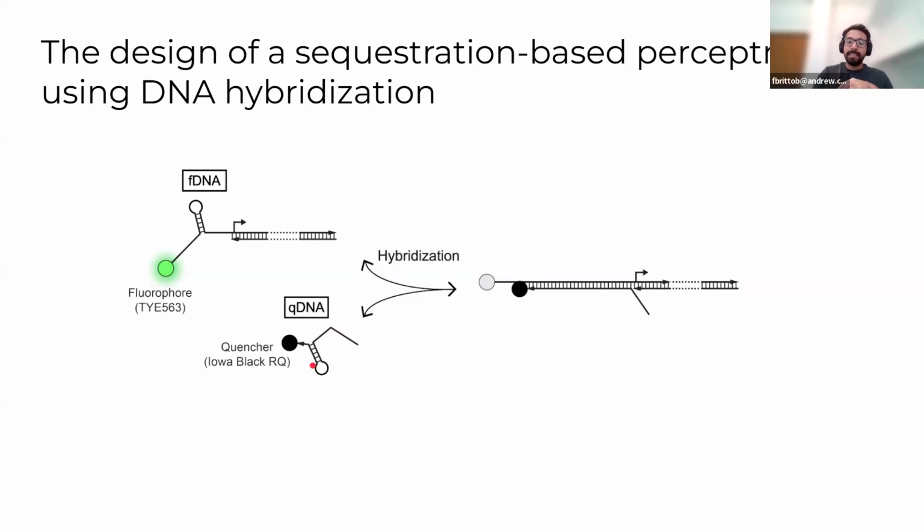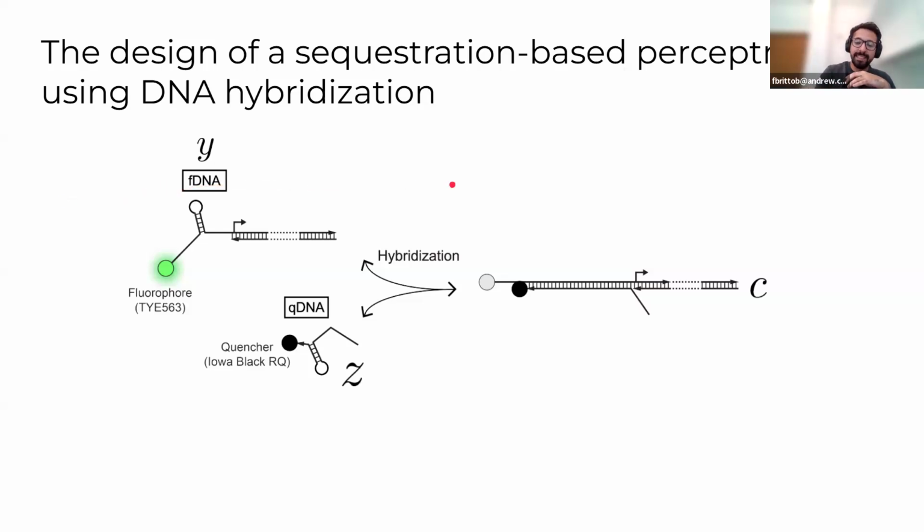They are able to hybridize, and because the quencher comes in close proximity to the fluorophore, the complex does not fluoresce. Just for the sake of simplicity and to introduce a little bit of notation, I'm naming fDNA Y, qDNA Z, and the complex C. This is essentially a binding and unbinding reaction, right?